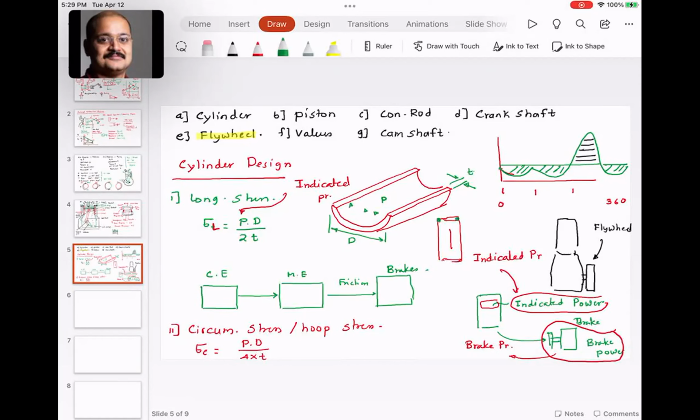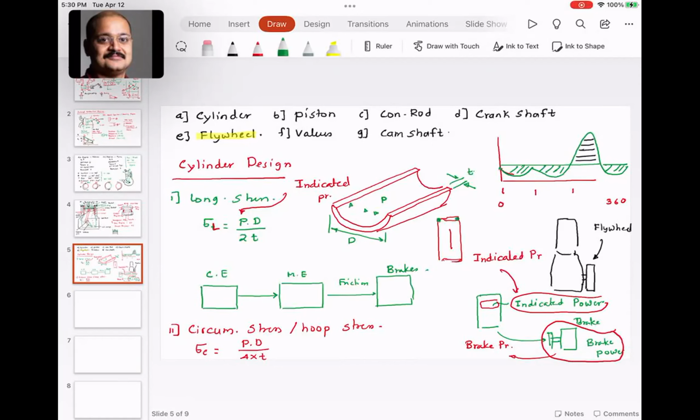So, there are two ways to look at this. If the thickness is much less than the diameter, it is called a thin pressure vessel, and these equations are correct. If the thickness of the shell is significantly lower than the diameter, then it's a thin pressure vessel.